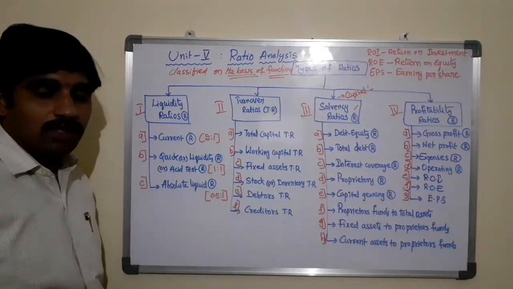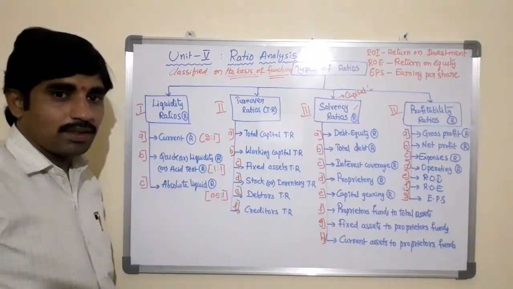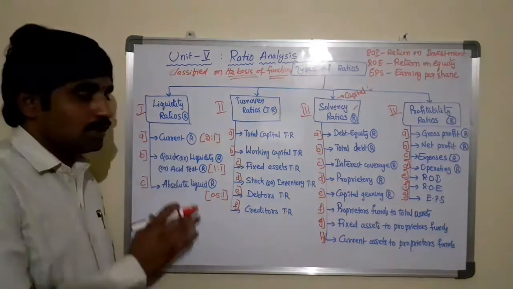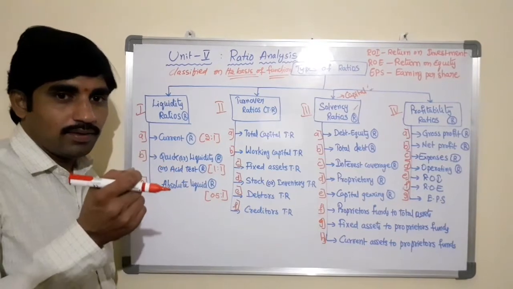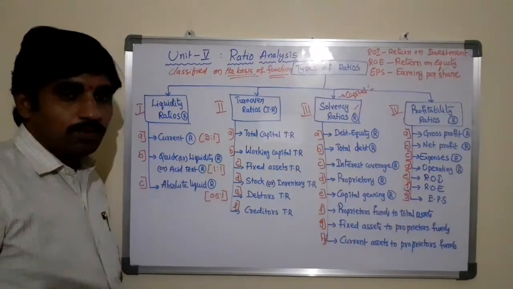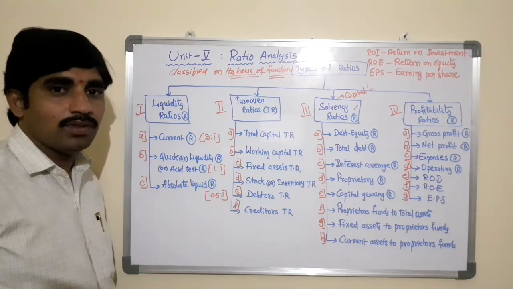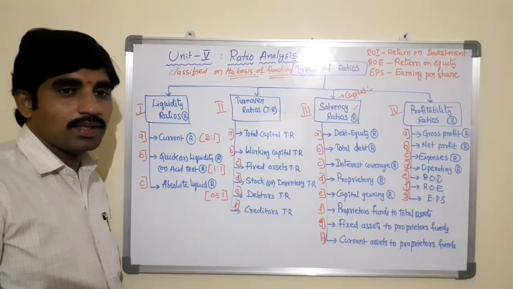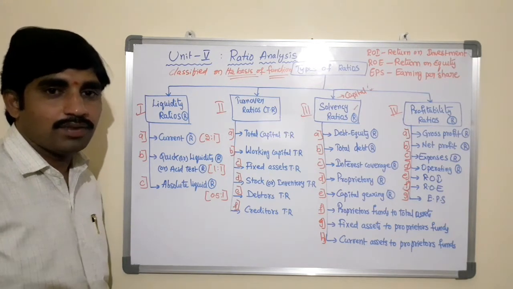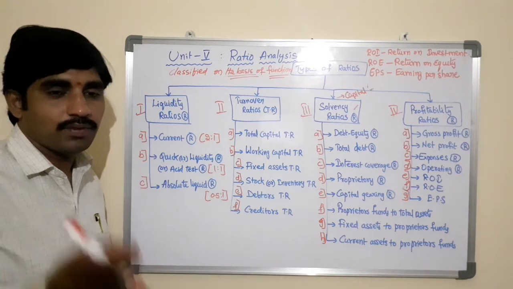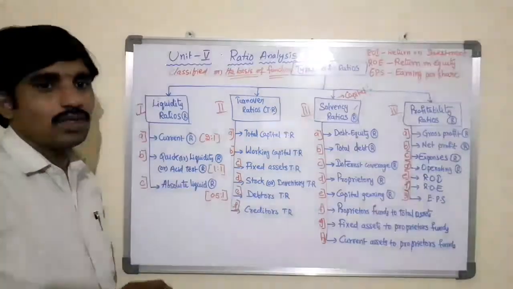And the liquidity ratios are used to know the liquidity position of the company, or these ratios are used to understand the short-term solvency position of the business, in order to know whether the company is in a position to meet the short-term commitments or not, in terms of salaries, taxes, dividend, interest, or any expenditure that we are paying within 1 year.